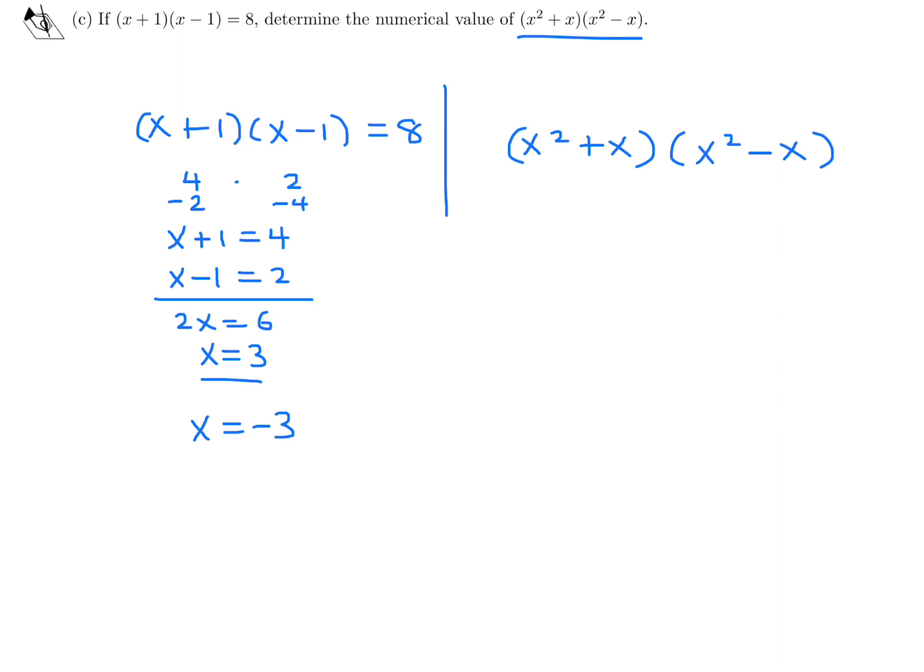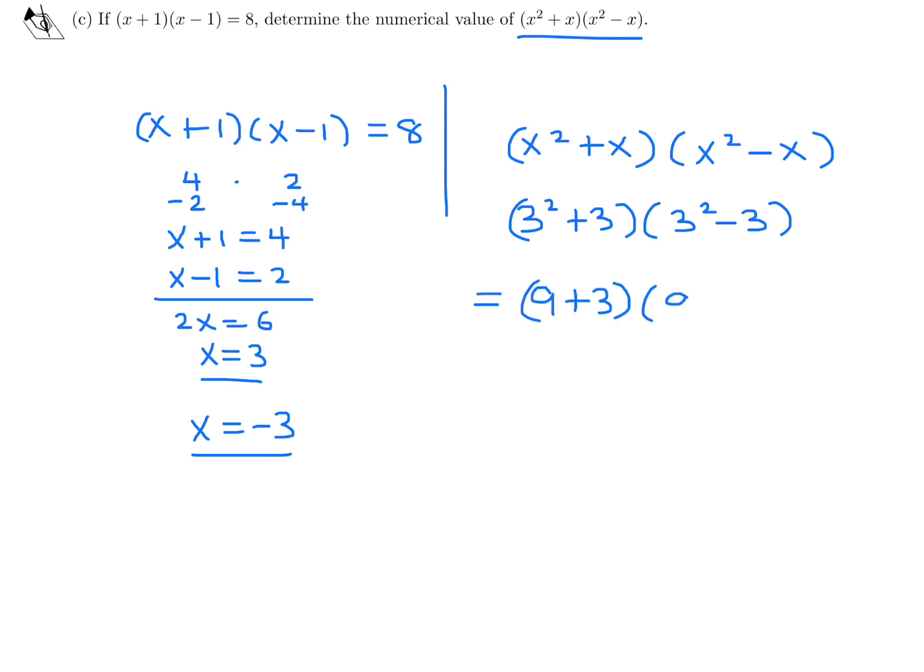But what's interesting is that both values of x give you the same answer. So I guess that's a good thing. So I substitute x equals 3. I get 3 squared plus 3 times 3 squared minus 3, like that. So this is 9 plus 3, and this is 9 minus 3. So this is 12, and this is 6, and 6 times 12 is 72.